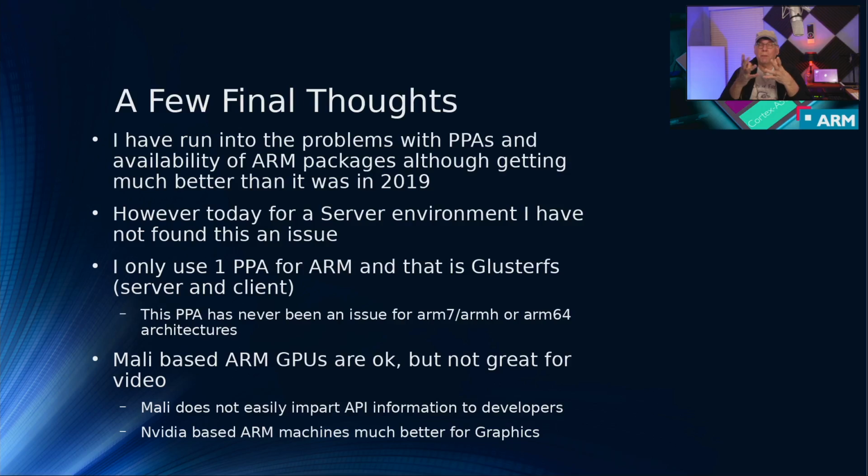I only run one PPA on the ARMs in the Gluster network, and of course that's for the GlusterFS server code and the client. That's the only thing that comes down. Those two pieces are all inside of one PPA. The GlusterFS folks are really good. I don't know what it is about them. If they do an x86 release, the ARM release is right there with it.